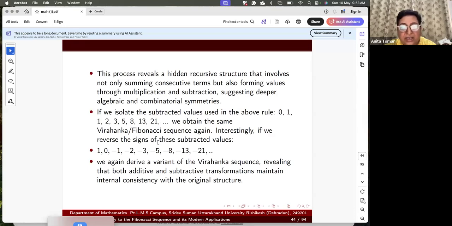Interestingly, if we reverse the sign of these subtracted values, 1, 0, -1, -2, -3, -5, -8, -13, and so on, we again derive a variant of the Virhanka sequence, revealing that both additive and subtractive transformations maintain internal consistency with the original structure.